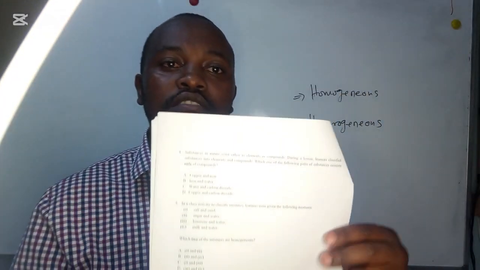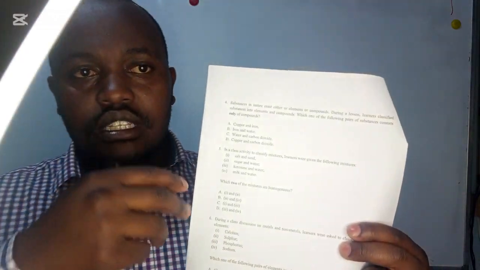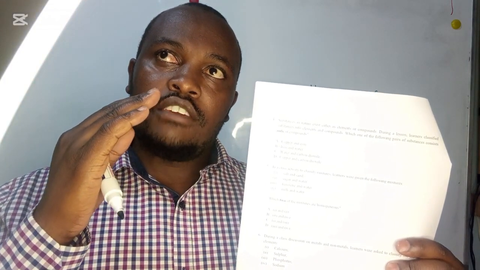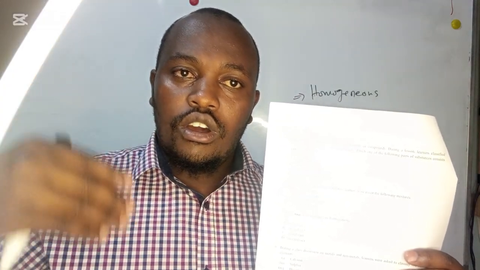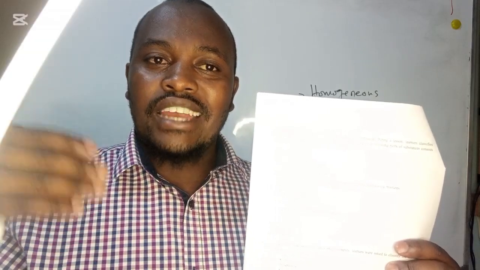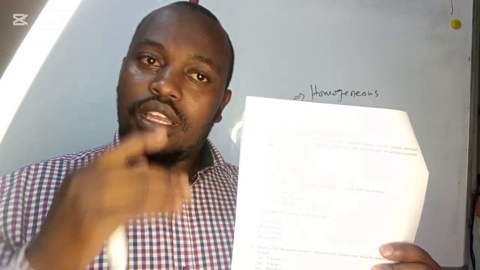In your exam you could be given different other sets of components to identify. So as I have said, when you are given oil and water, they will not mix. But oil and kerosene, oil and petrol, kerosene, petrol and diesel, those are non-polar liquids. They will easily mix.